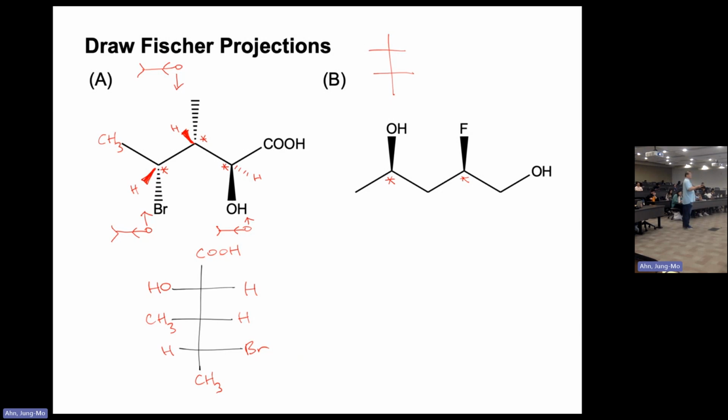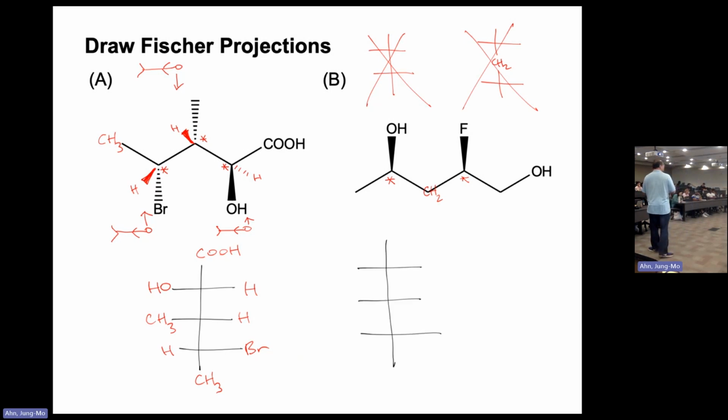If you do it this way, this carbon is connected directly to that carbon, except you've got the CH2 right there. Then how are you going to draw the Fischer projection of that one? Should I draw it this way? I've got one cross there, connected to CH2, another cross there. Then it looks like something, right? No, that's not right either.